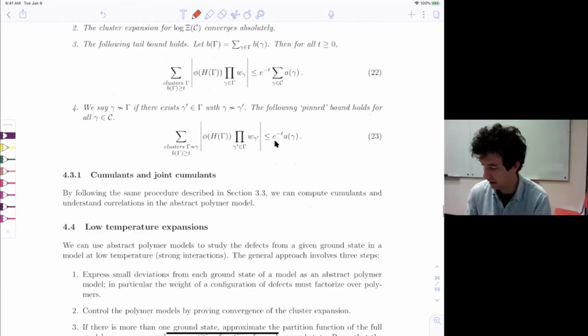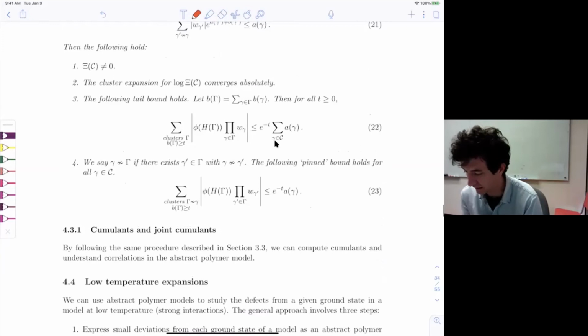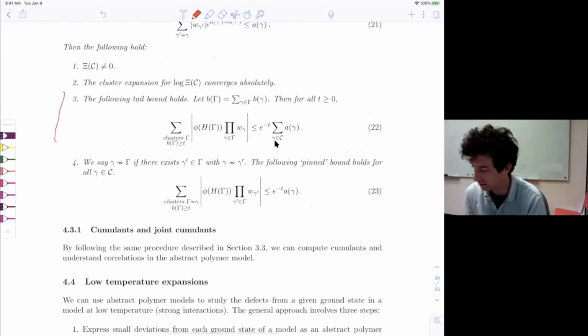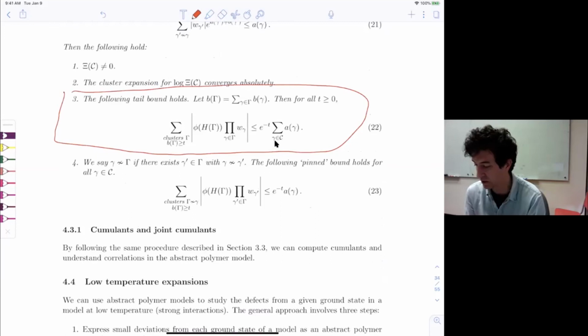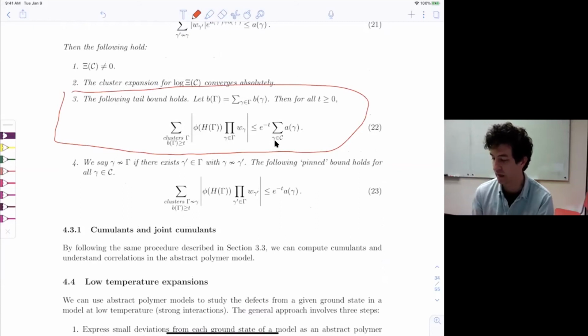So here's the key, the tail bound. So you would substitute 11 here. You would substitute that the size of gamma is at least 11, which would mean that B of gamma is at least D log(1 plus lambda) times 11.